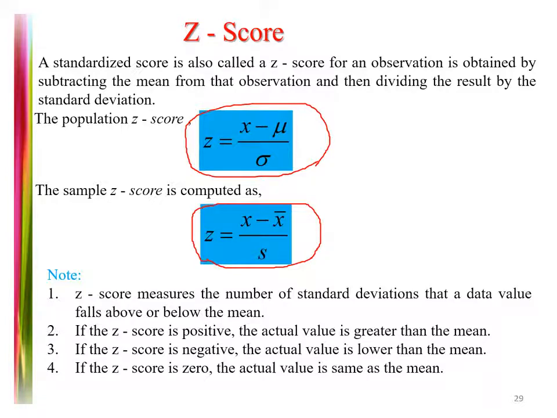First, the z-score is positive, which means the actual value is greater than the mean. Or the actual value is lower than the mean, in which case the z-score is negative. Or both are equal, the actual value is the same as the mean, and then the z-score is 0. So we have three different categories.